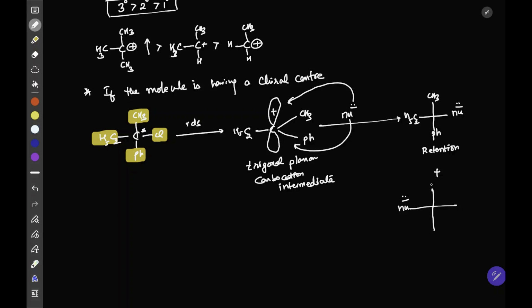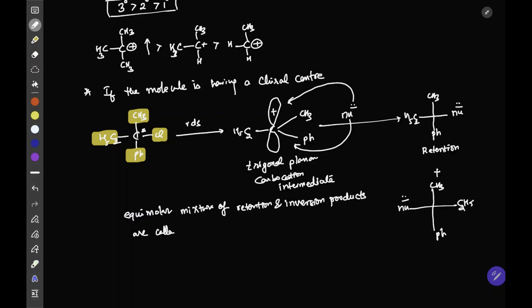An equimolar, that is equivalent, mixture of retention and inversion products is called a racemic mixture.